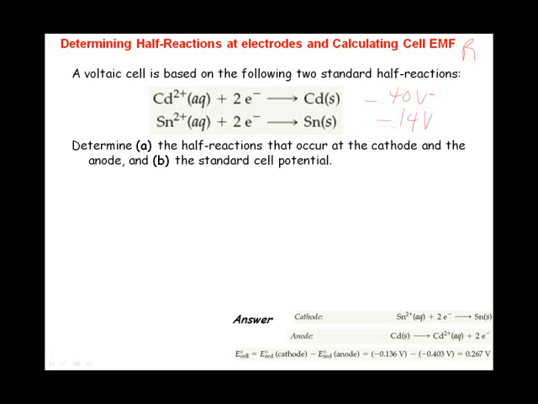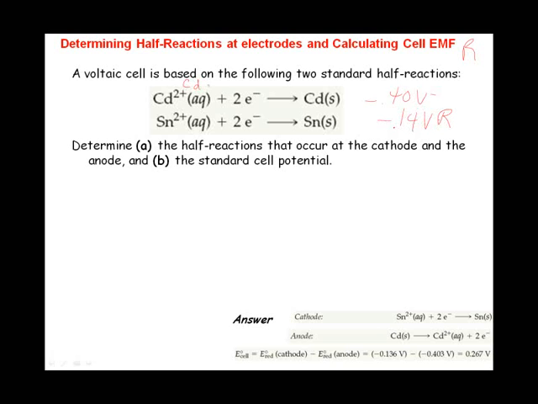So this is lower on the table, this is higher on the table, this is less negative, so this is going to be my reduction. That's just the way it works. The one that's got the highest reduction potential is going to be reduced. This is lower, so I'm going to switch the reaction around, and it's going to become my oxidation.